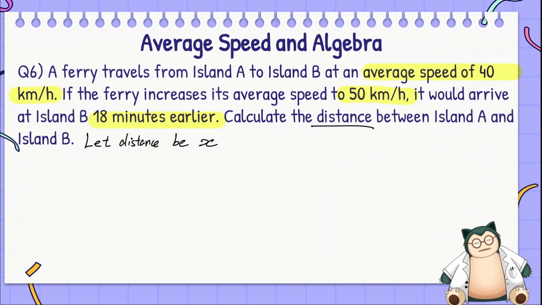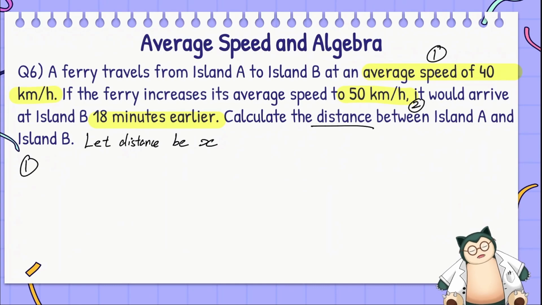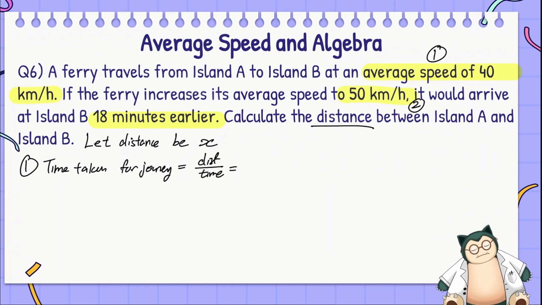Now we got first journey and the second journey. Okay, so for first journey, the time taken for the journey would be distance divided by speed.